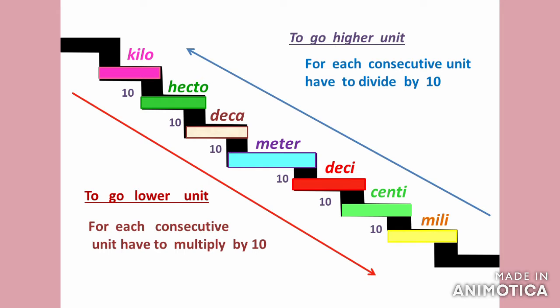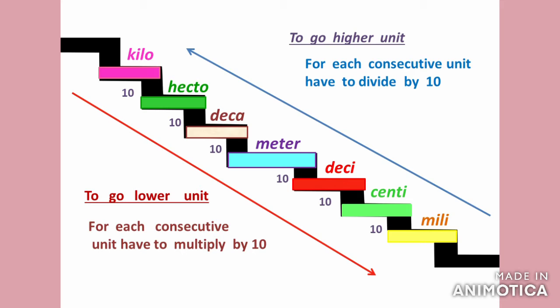And when we go to a lower unit from the meter, then one by one we will get deci, centi, milli. If we want to go to the next higher unit from any unit, from any slab here, then we always have to divide by 10.